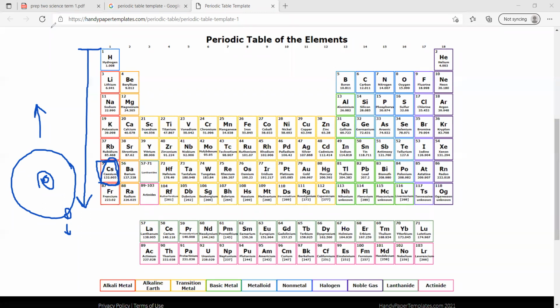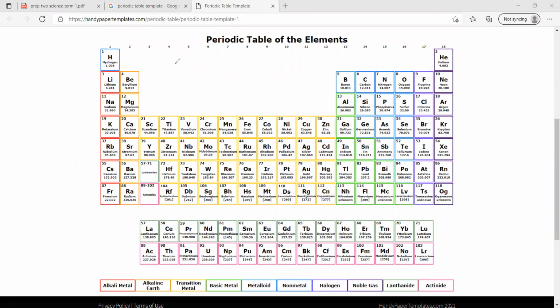So what happens to the metallic property when I move from the top to down? It increases. If I ask about the relation between the metallic property and the atomic number, is it direct or inverse? When the atomic number increases, what happens to the metallic property in the same group?